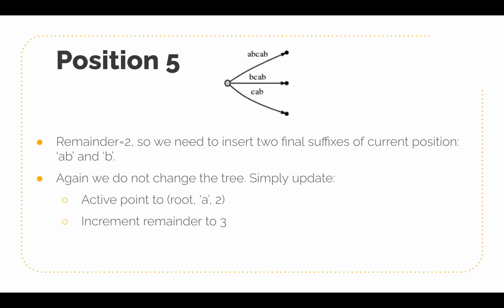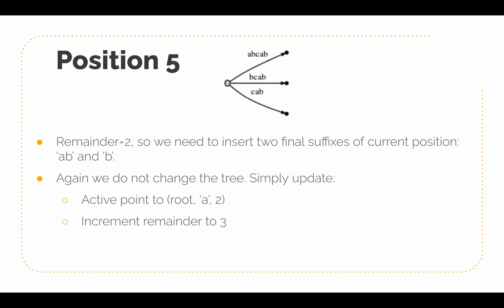And we also need to insert the new final edge B. In practice, this means that we go to the active point, which points to the A on what is now the ABCAB edge on the top, and insert the current final character B. But again, it turns out that B is also already present on the same edge. So again, we do not change the tree.